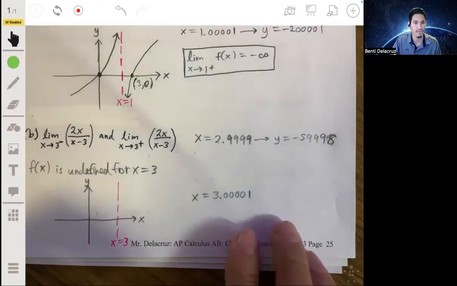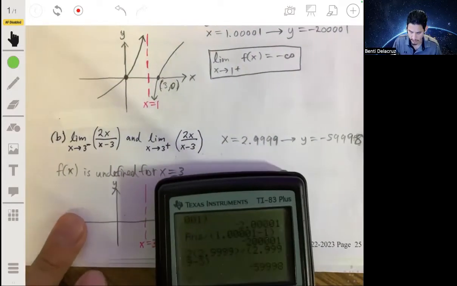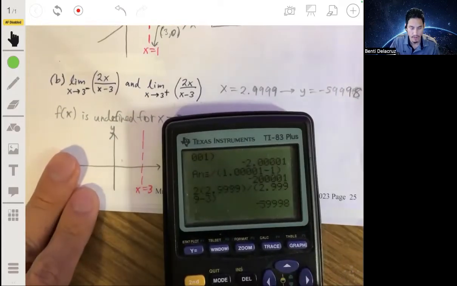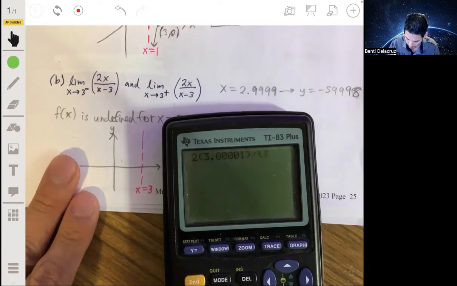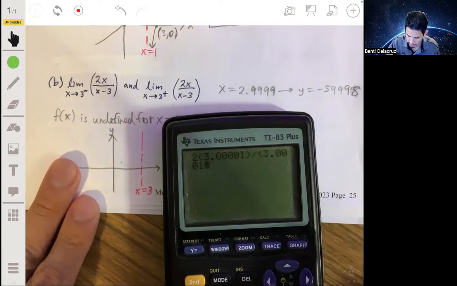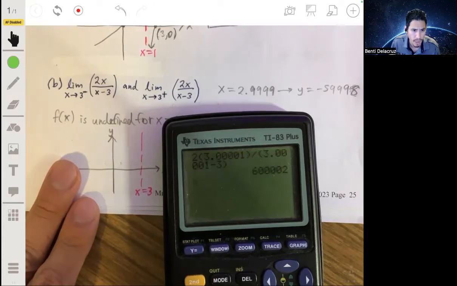Now let's see what would happen if we plugged in 3.00001. So we get 2 times 3.00001 divided by 3.00001 minus 3, and we get 600,002.